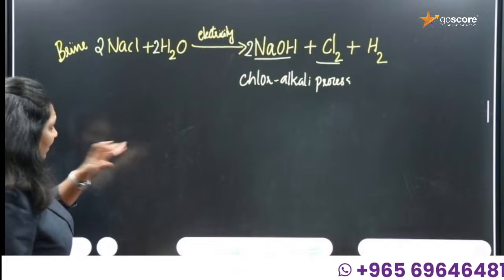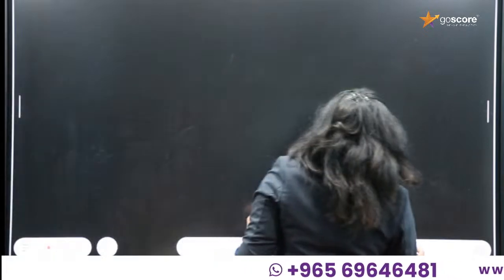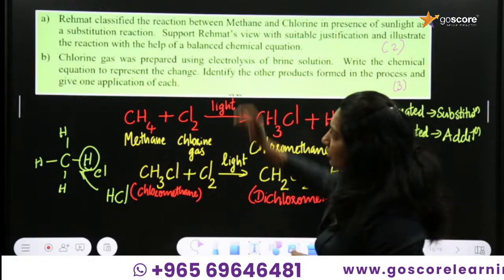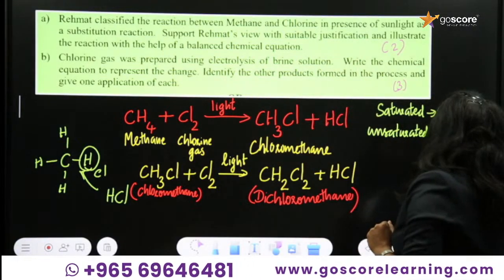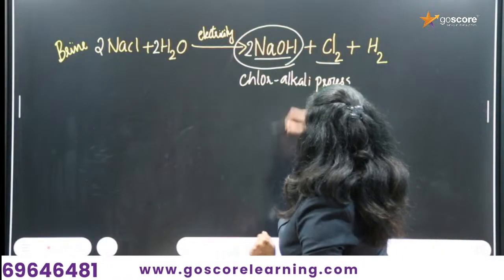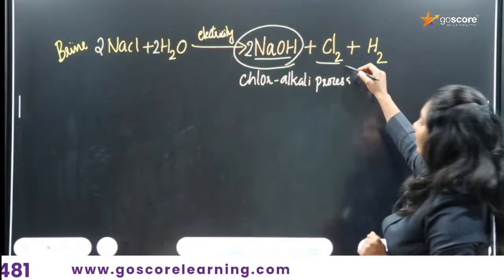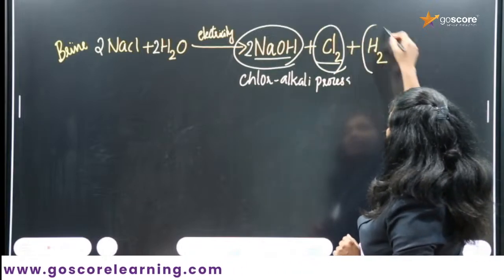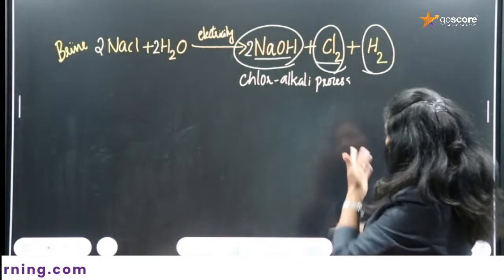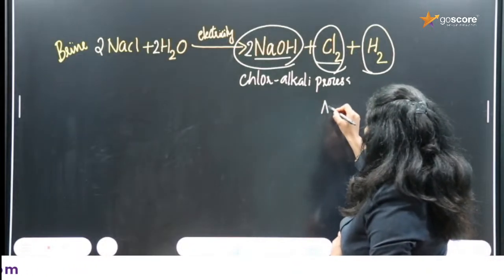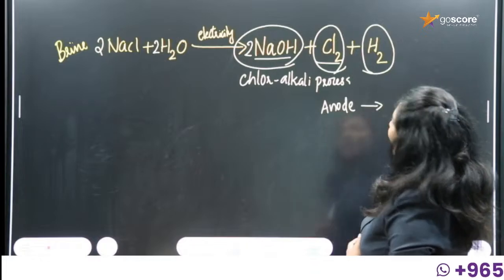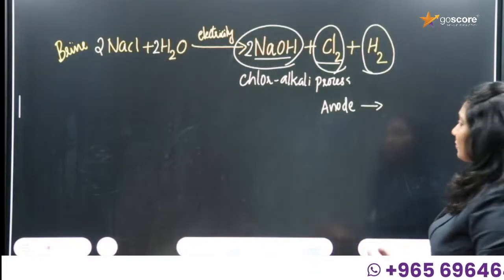So we have written in the question, I think it is to write the chemical equation to represent the change. So we have written the balanced reaction. And what are the products formed here? We have sodium hydroxide, we have chlorine gas, and we have hydrogen gas, right? So in this one, at the anode, when you are passing electricity, which gas will be collected? Anode is positive charge, right?